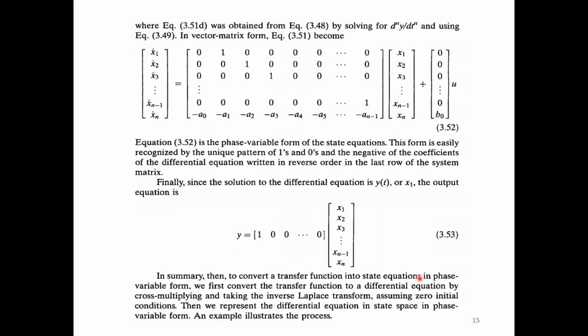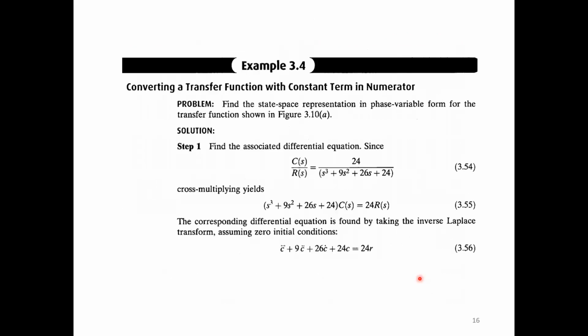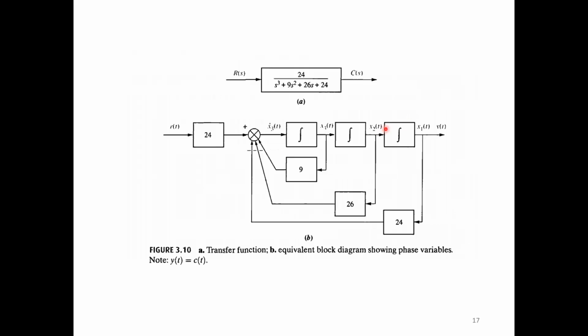We'll go to the problem very quickly. Find the state space representation in phase variable form for the transfer function shown in figure 3.10. This transfer function is given. From this, you have to calculate the state space representation.